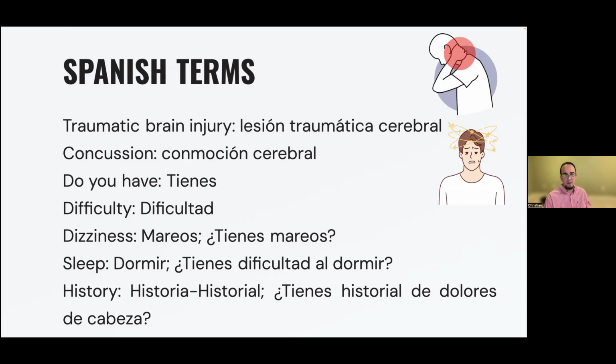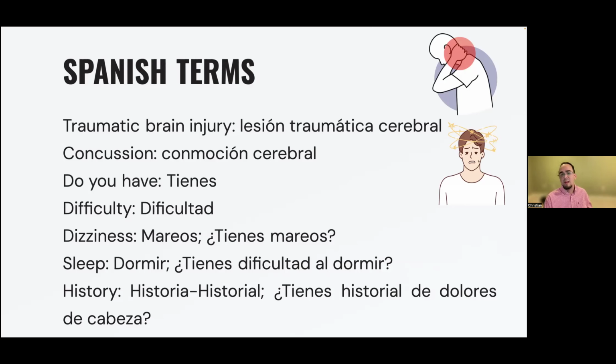Concussion is a complex word in Spanish. We call it conmoción, which is the concussion itself, but that doesn't indicate any specific brain injury, so we accompany conmoción with cerebral, which is brain.